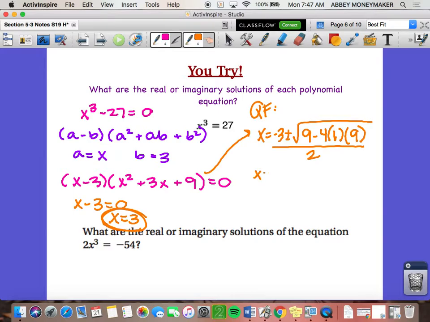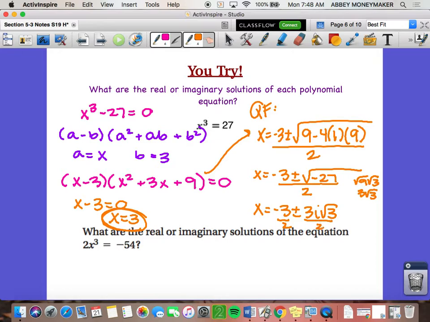So we get x is equal to negative 3 plus or minus the square root of 9 minus 36, which is negative 27, all over 2. The square root of 27 breaks down into 9 times 3, so that gives me 3 radical 3, and there's a negative under there, so that means I have to take the i out, and everything is over 2.